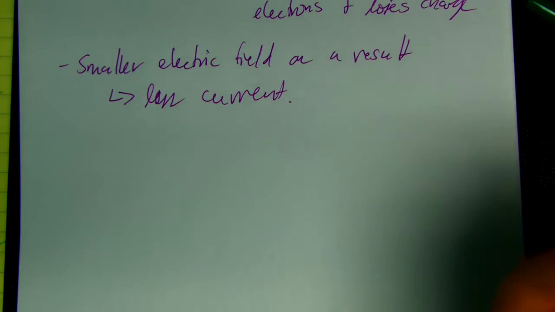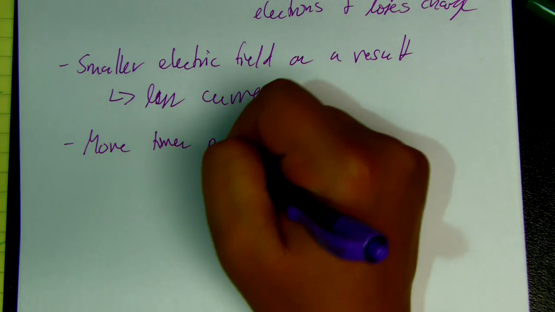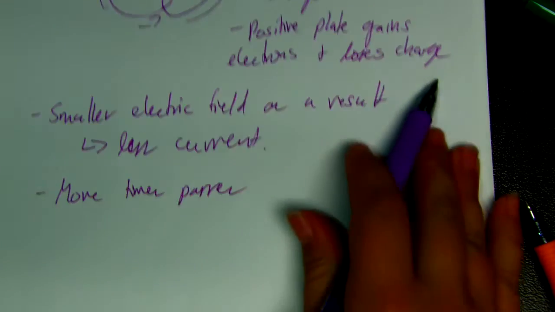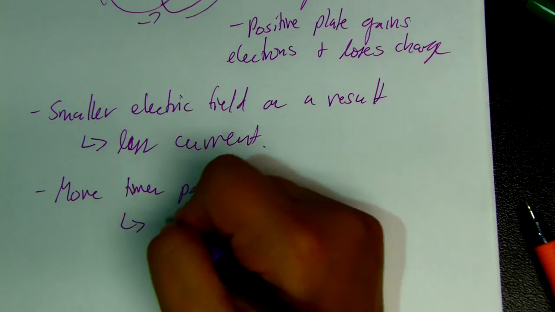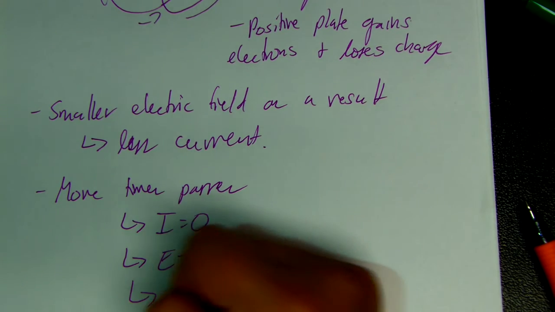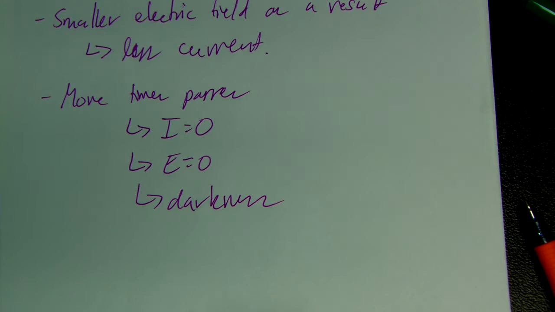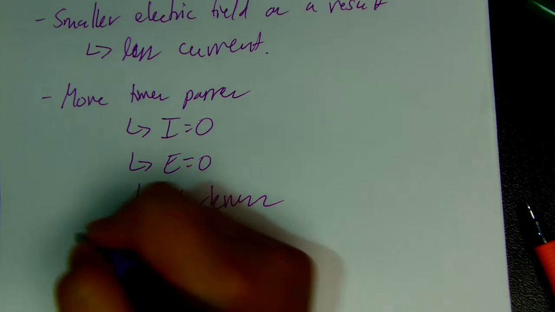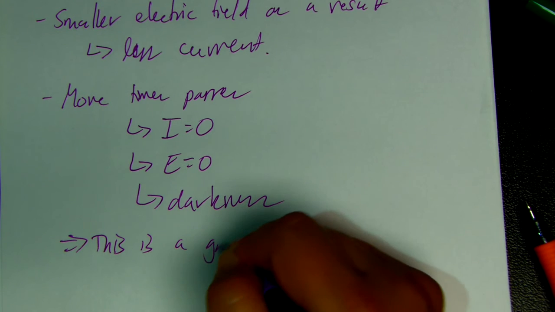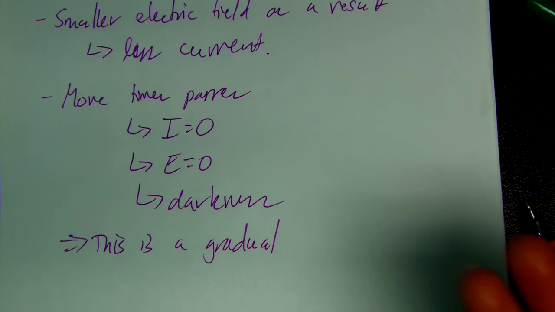And then more time passes. These plates lose more and more charge, and eventually you have I equal to 0, E equal to 0, and darkness. The bulb has gone out. And this is, of course, a gradual process. I mean, we can observe it within a time span that makes sense to us.